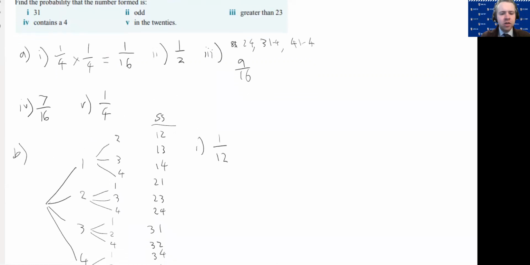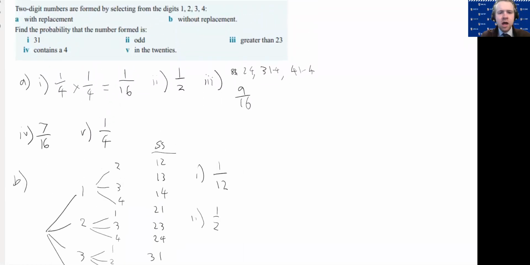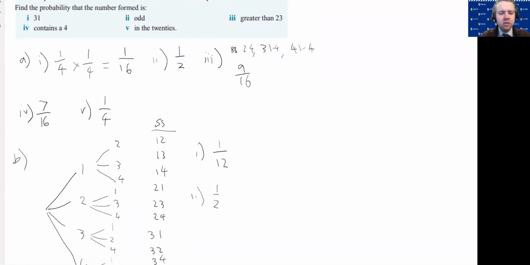And then for part 2, that it's odd. Again, let's just look at all the odd numbers. So we've got 13, 21, and so on, 1, 2, 3, 4, 5, 6. 6 out of 12, which is a half, which makes sense. Greater than 23.